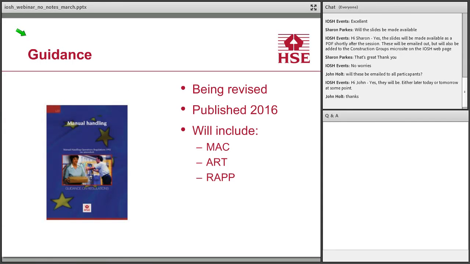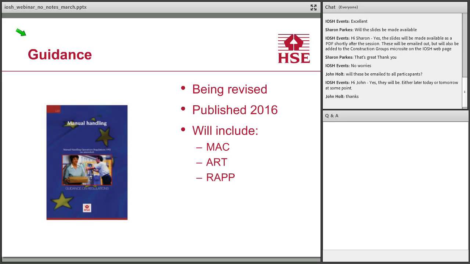The manual handling operations guidance for the actual regs is actually being revised, and it's going to be published very shortly, hopefully in the next few months. It is updated, and they also have incorporated the MAC and the ART and the RAP tool also will be incorporated into it, so you'll have all that information directly in one document.